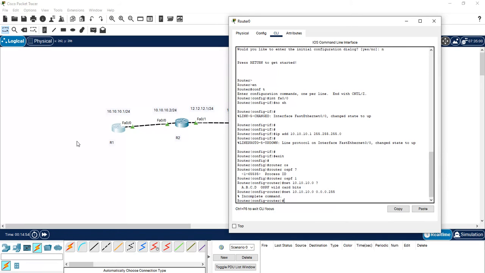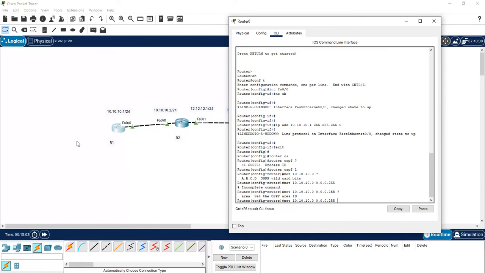We have not completed the configuration. We should put the area for this IP for this routing.